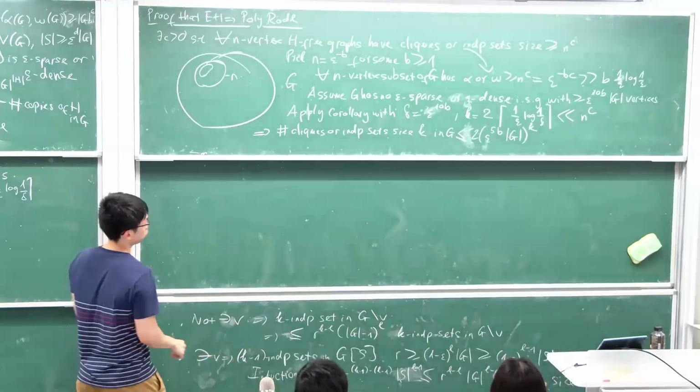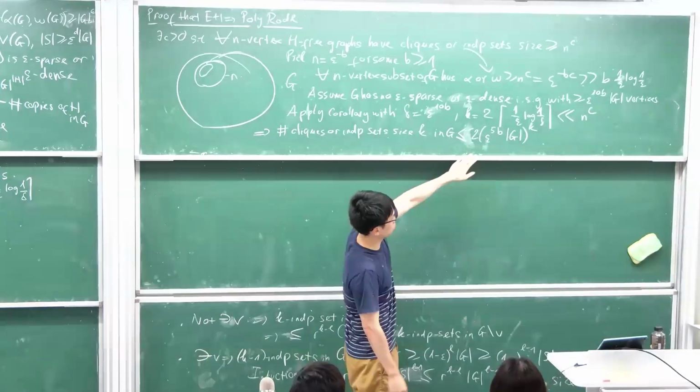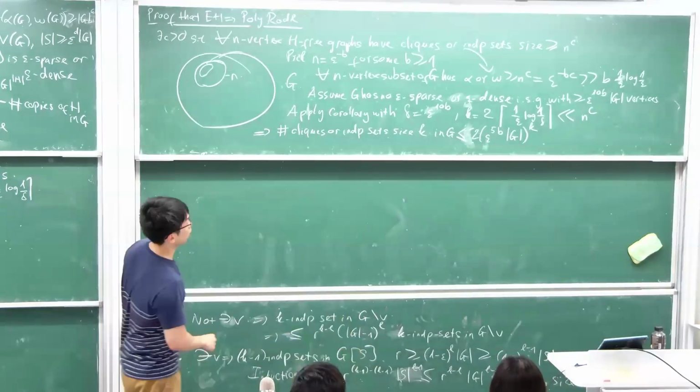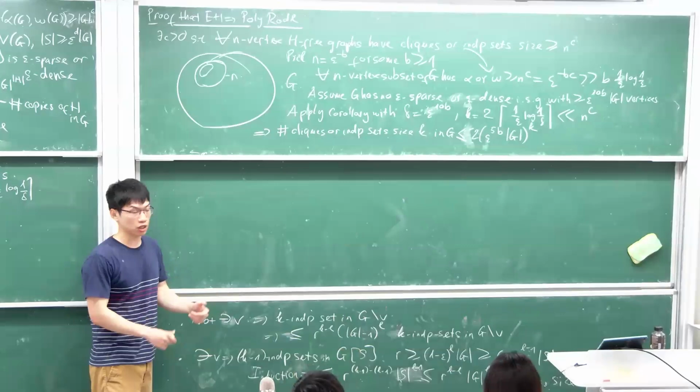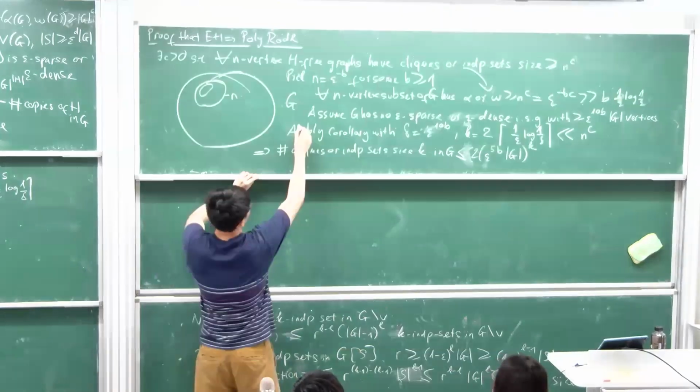Now we have an upper bound on the number of cliques or independent sets of size k in G. What about a lower bound? I'm going to reuse the Alon-Pach-Solymosi trick from this observation.